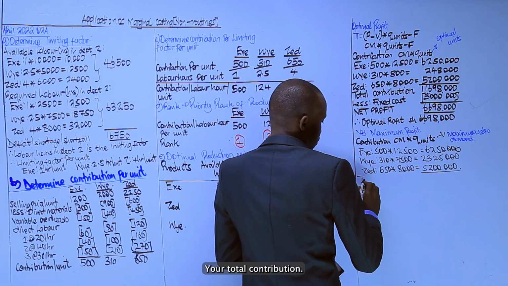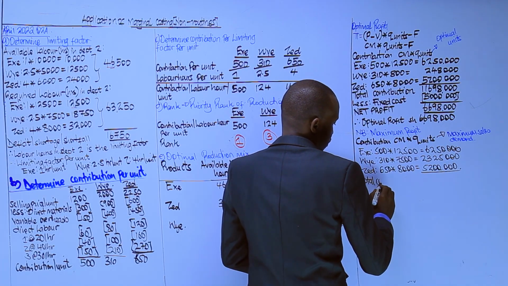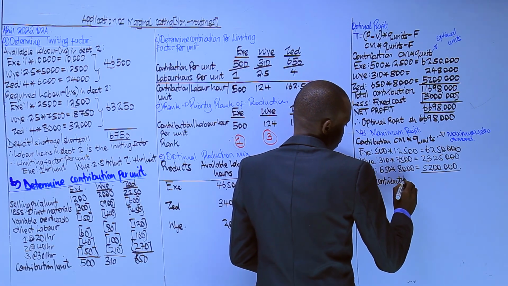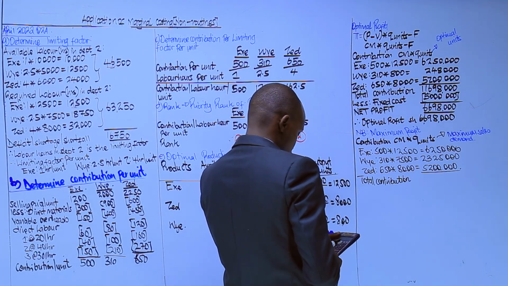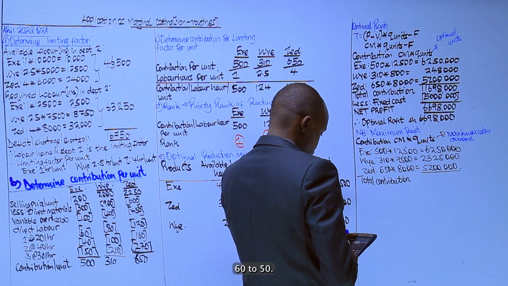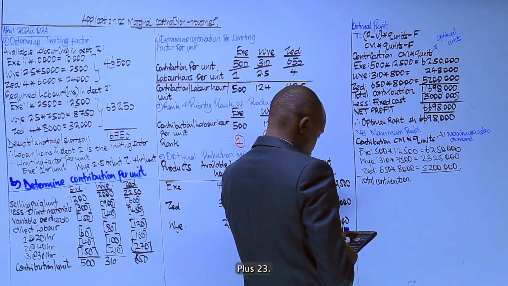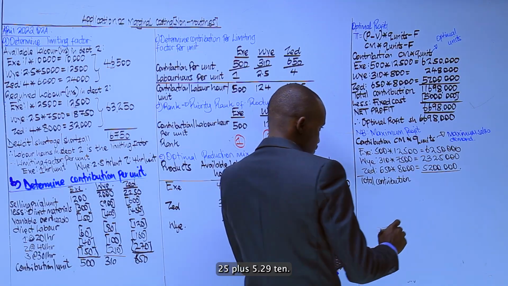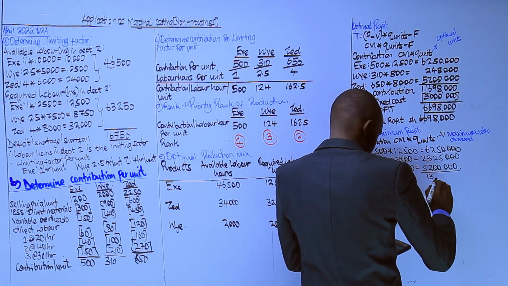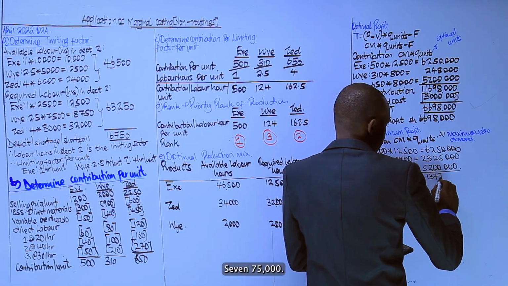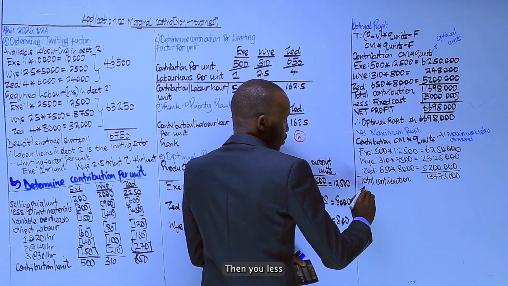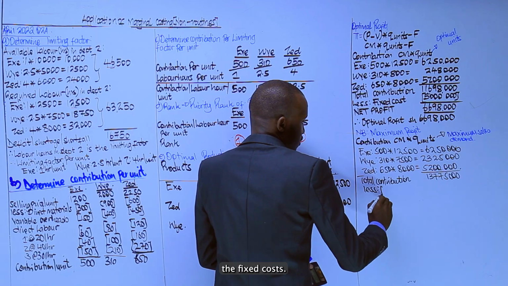Your total contribution: 6.25 million plus 2.325 million plus 5.2 million is 13,775,000. Then you less your fixed costs.